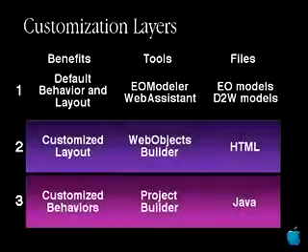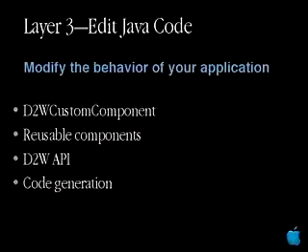So we've just finished doing the second layer of Direct-to-Web, where we're changing the layout of our application. But you're all developers, so you're probably itching to get to the Java code and plug in your own functionality. You can do that. In layer 3 of Direct-to-Web, you can modify the behavior of your application.